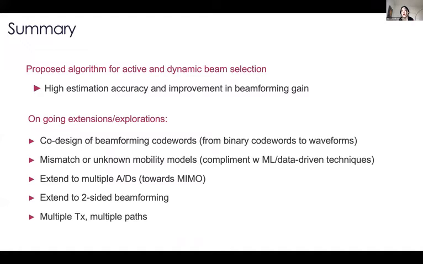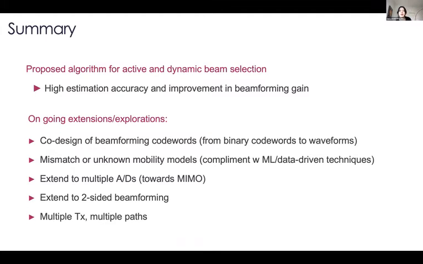While wider beams in a soft manner will provide a worse communication link, they allow you to sense and remain aligned, versus narrower beams that allow you to communicate a lot. But if you have a little bit of mobility, it's very hard to keep the alignment. And on top of that, you trade off pilot versus data.